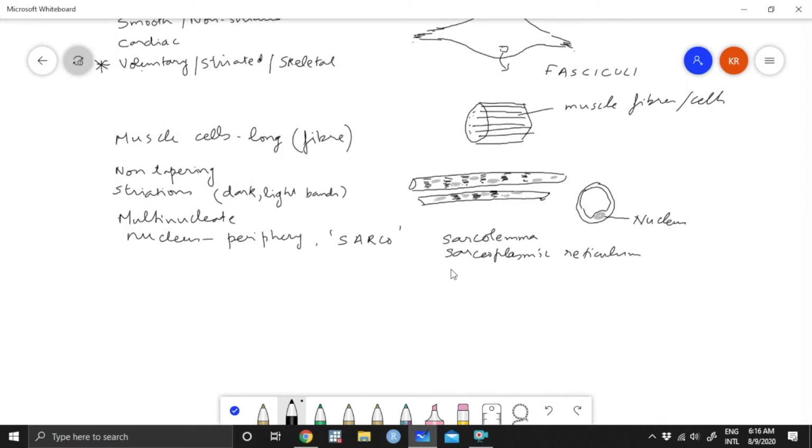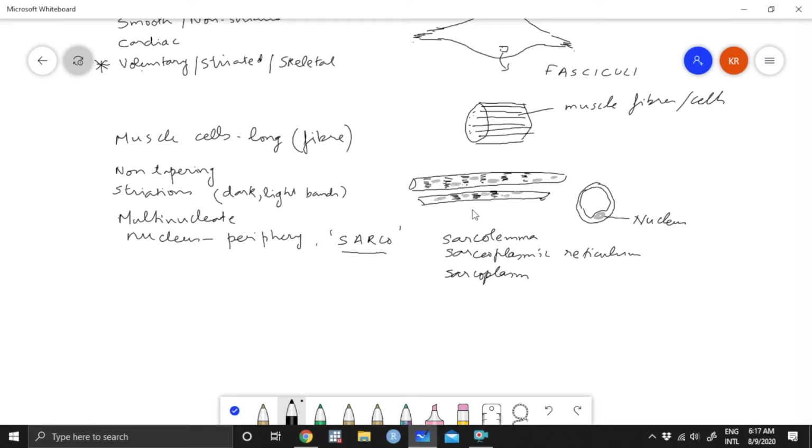Its cytoplasm is called sarcoplasm. So the outer plasma membrane is called sarcolemma, the sarcoplasmic reticulum means endoplasmic reticulum, and sarcoplasm means cytoplasm. So everything has a prefix called sarco. That's why cancer of the muscle is called sarcoma. So these are some terms.